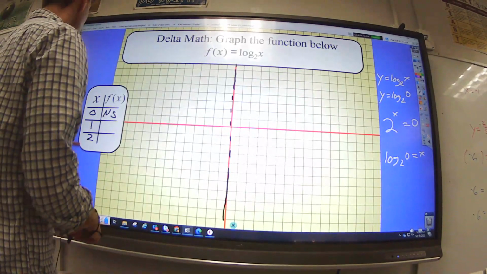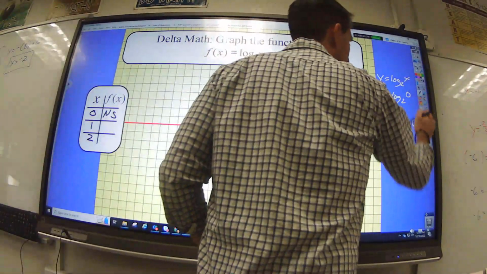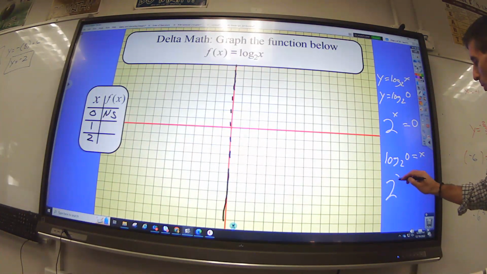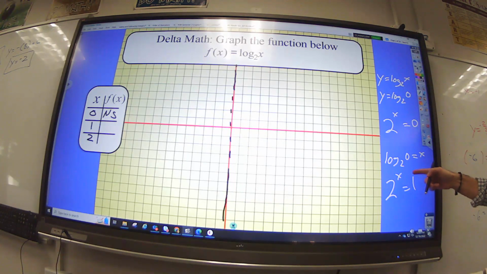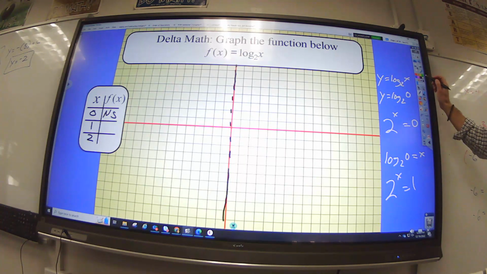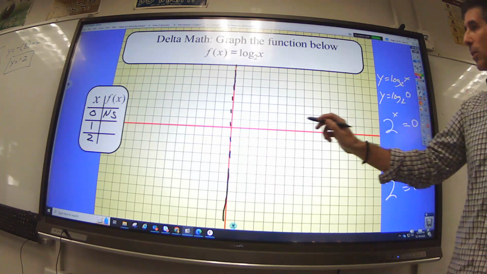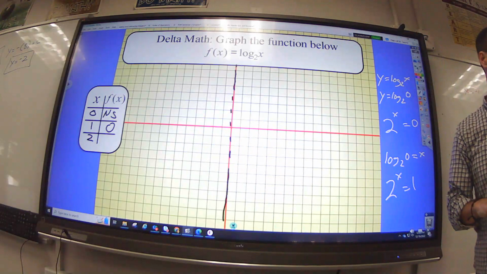So, next let's plug in 1. Let's rewrite it over here. So, 2 to the what power equals 1? 0, right? So it's always going to be, for every single logarithm, when you plug in 0, again, no solution, when you plug in 1, it's going to be 0.